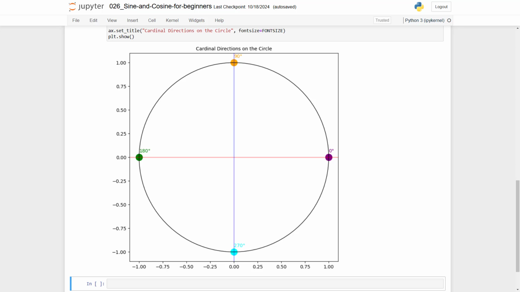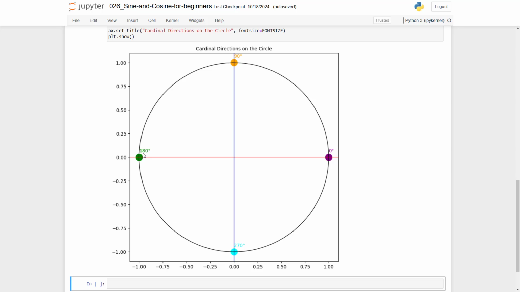For 90 degrees it's pretty much the same, but not exactly, because in this case the cosine, the x-axis, is obviously 0, and the y-axis, the sine, is 1. Going to 180, cosine is -1 and sine is 0. Why do we have -1?